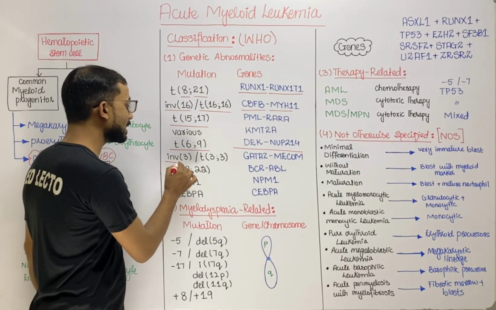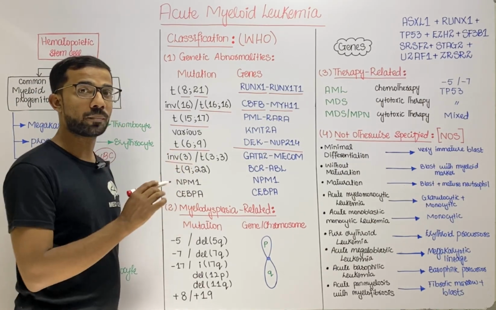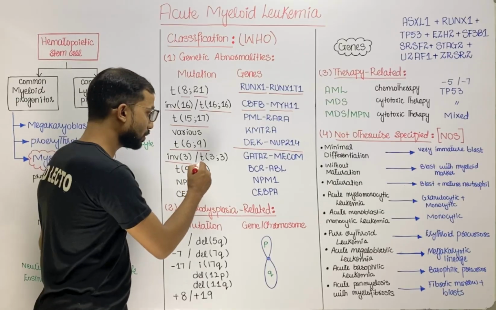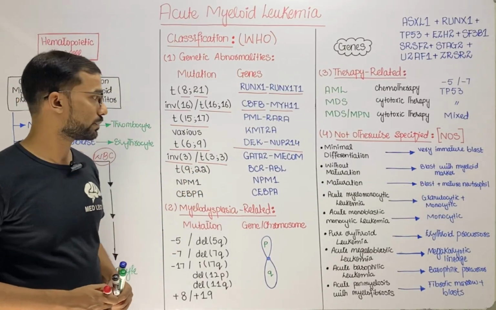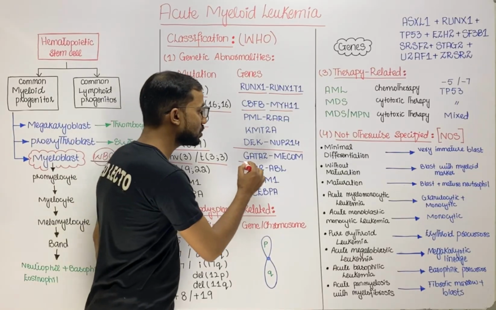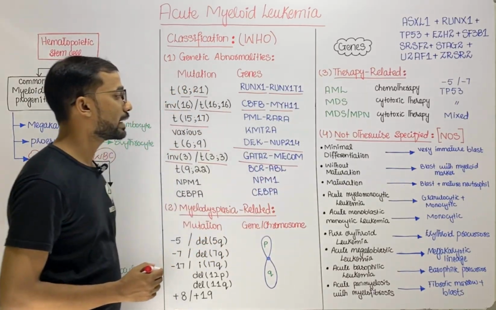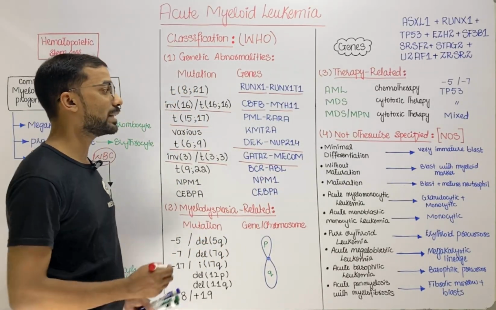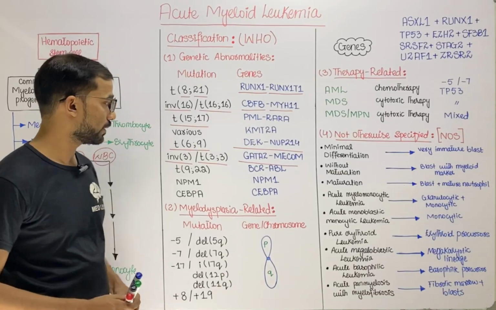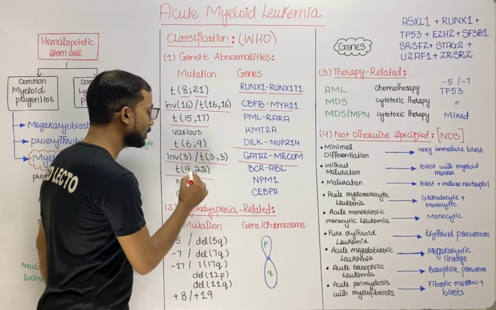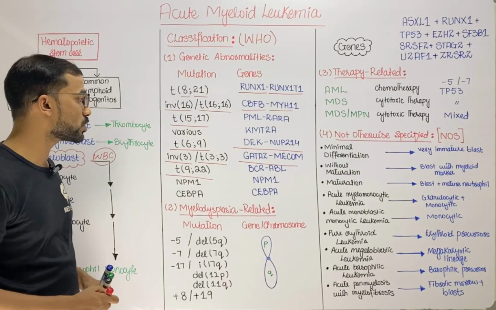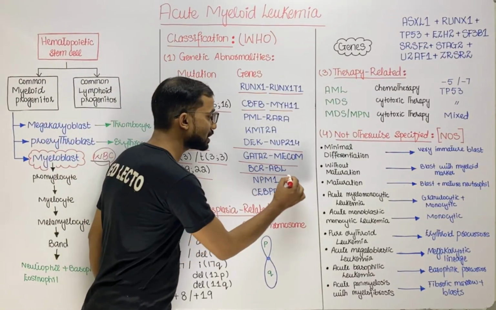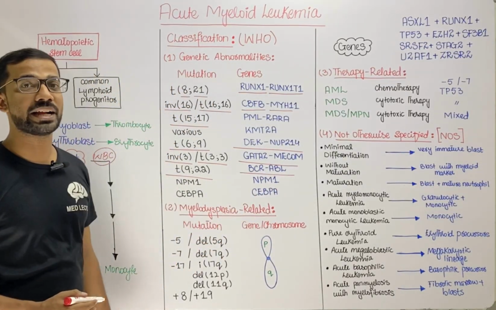Next, similar case, inversion in chromosome number 3 and translocation also in chromosome 3, and you will see the gene fusion of GATA2 and the MECOM gene. Next is the t(9;22), translocation between chromosome number 9 and 22, and as a result you will see the fusion of the BCR-ABL gene.